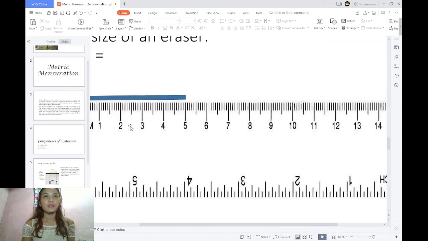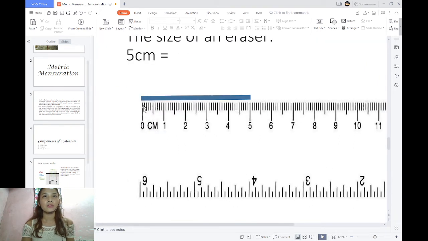Let me zoom in first. Let's count from here. 1, 2, 3, 4, 5, 6, 7, 8, 9, 10, 11, 12, 13, 14, 15, 16, 17, 18, 19, 20, 21, 22, 23, 24, 25, 26, 27, 28, 29, 30, 31, 32, 33, 34, 35, 36, 37, 38, 39, 40, 41, 42, 43, 44, 45, 46, 47, 48, 49, 50.